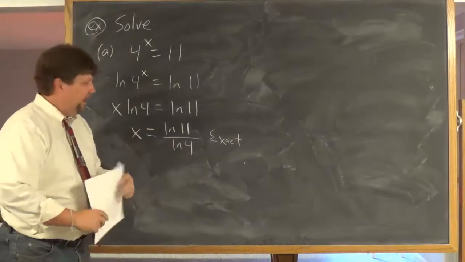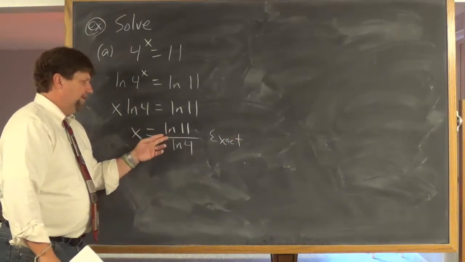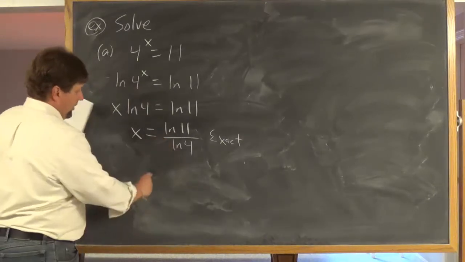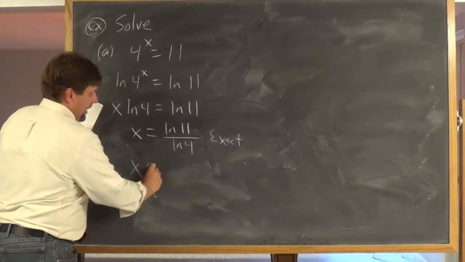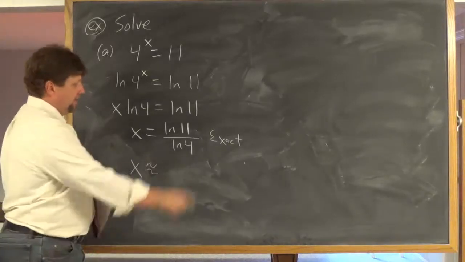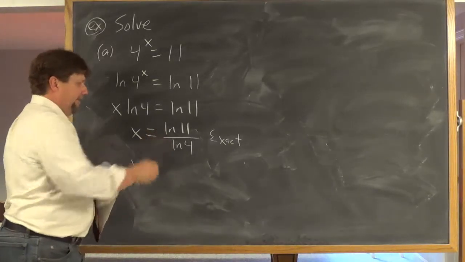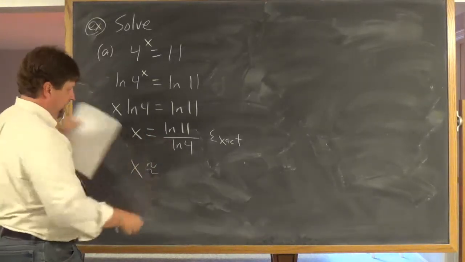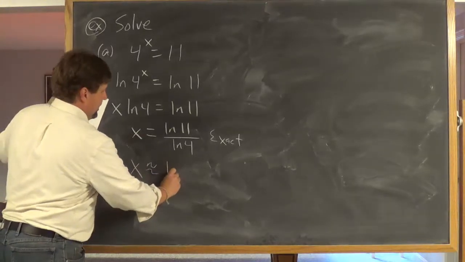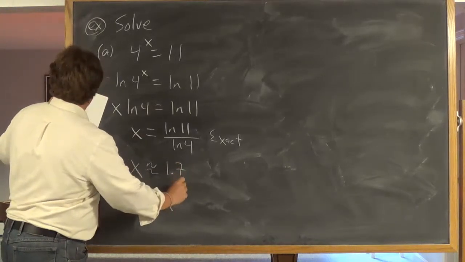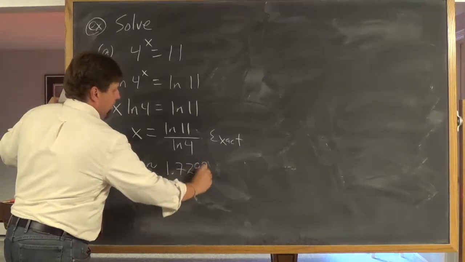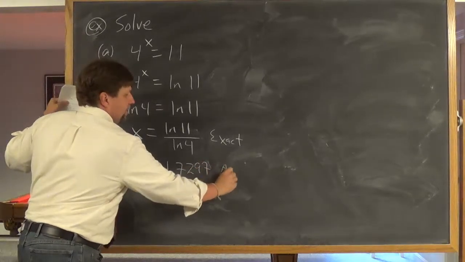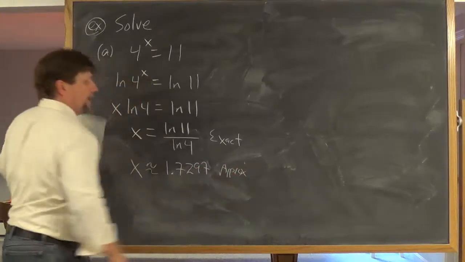If I fire up my calculator and do natural log 11 divided by natural log of 4, I will get a decimal approximation. When I did it on my calculator, I got 1.7297. And that is a good decimal approximation.